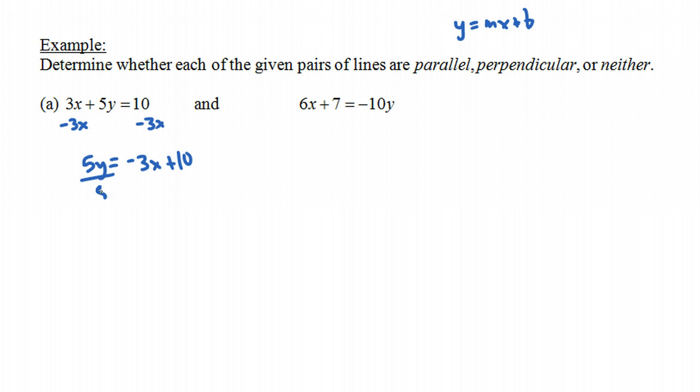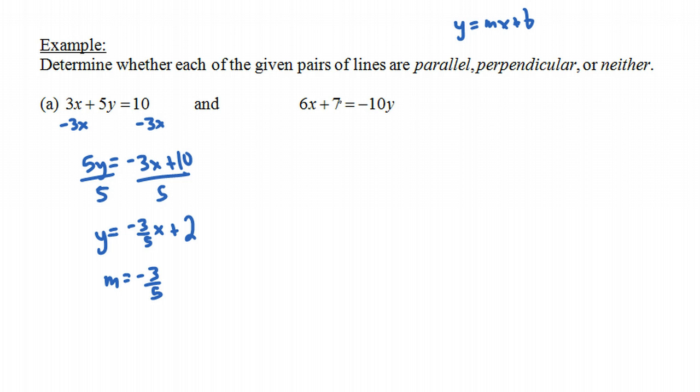If we divide both sides by 5, the left-hand side would just be y, and on the right we'd have -3/5 x plus 10 over 5, which is 2. So the slope of this line is -3/5.